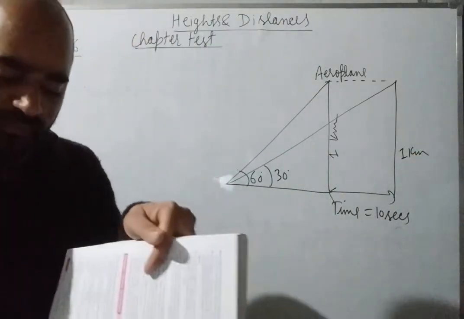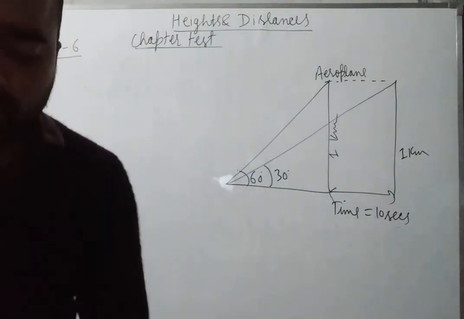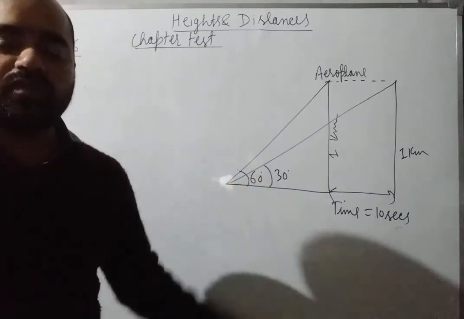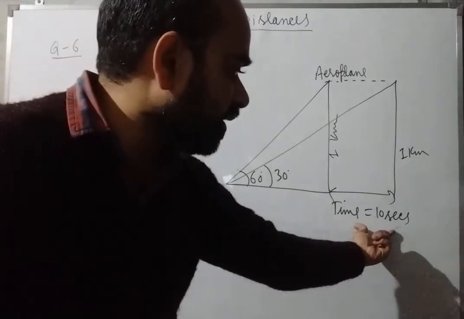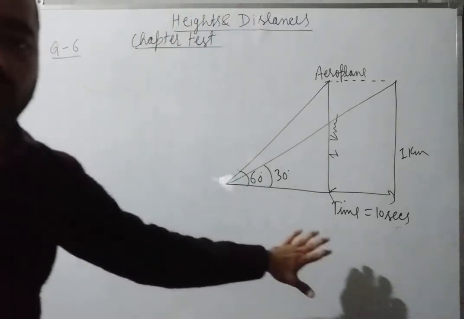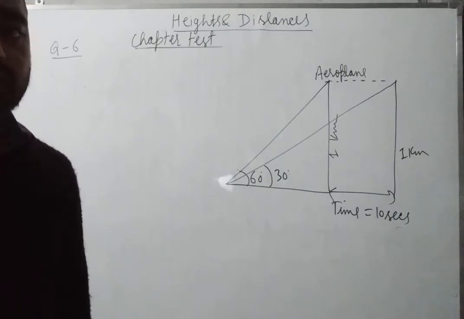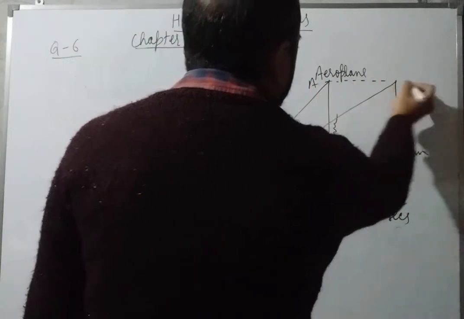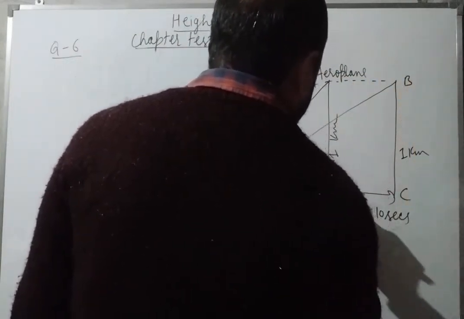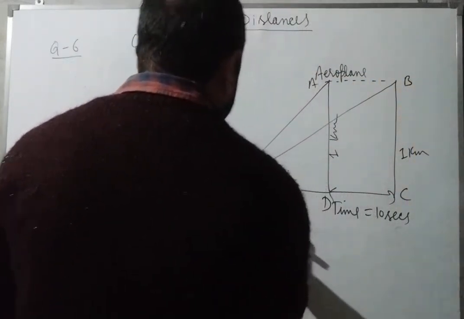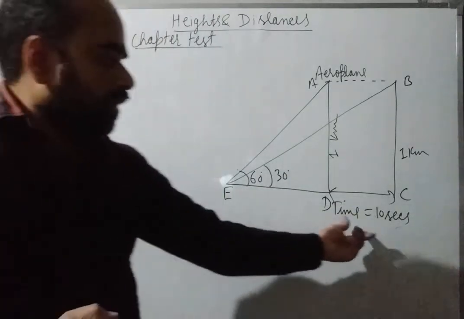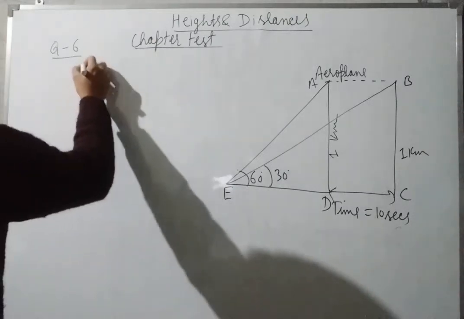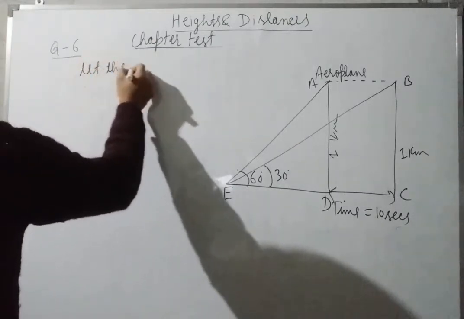Okay, so we have to find the speed of the aeroplane in kilometer per hour. Since this is the question of height and distance, directly we cannot take this as 10 second. We have to convert this 10 second into distance. So suppose this is A, B, C, D, E. Suppose the speed of the aeroplane is x kilometer per hour.